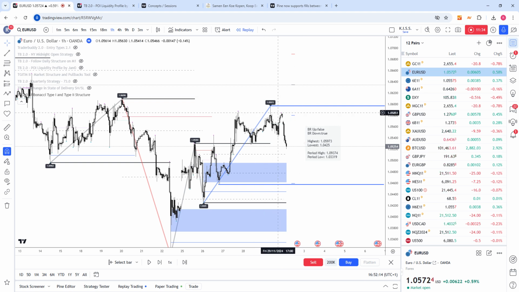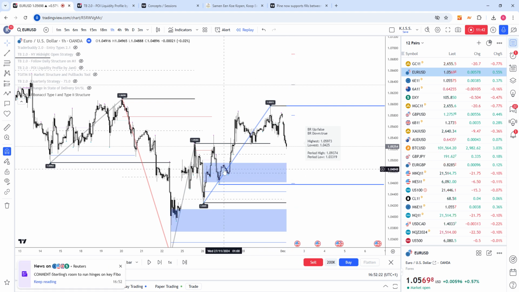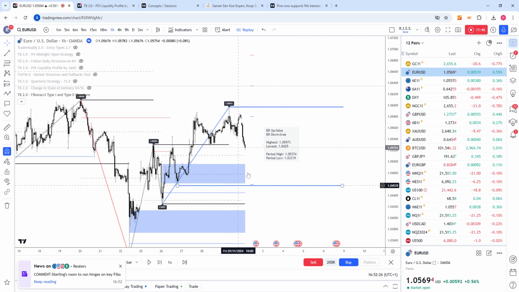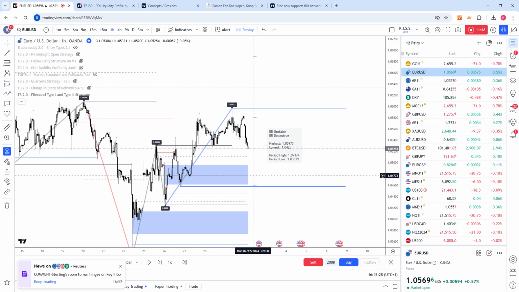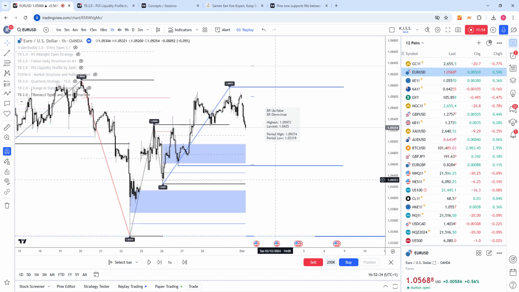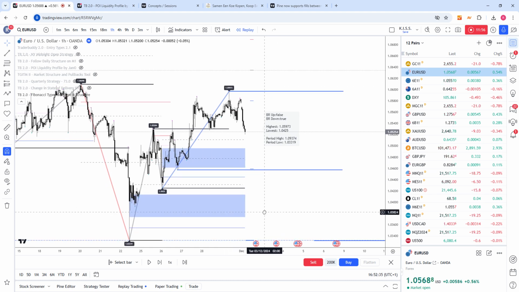So now we have an idea, okay, price could probably trade at least back to this level, and to open zones into the buy zone here. And well, we just know that if we enter here, we can look for a reversal to go higher, and if we do not see a reversal, we can even trade lower to this zone.